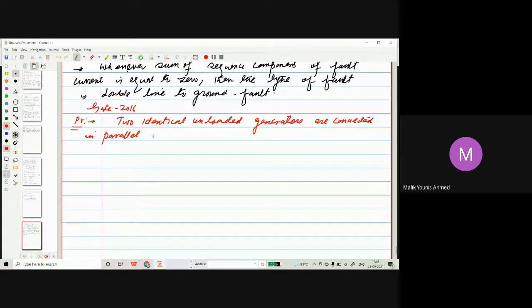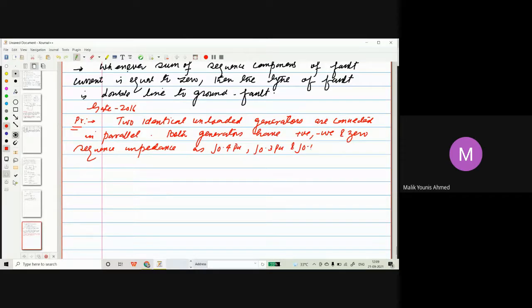Both generators have positive, negative and zero sequence impedance as J.4 per unit, J.3 per unit, and J.15 per unit respectively.